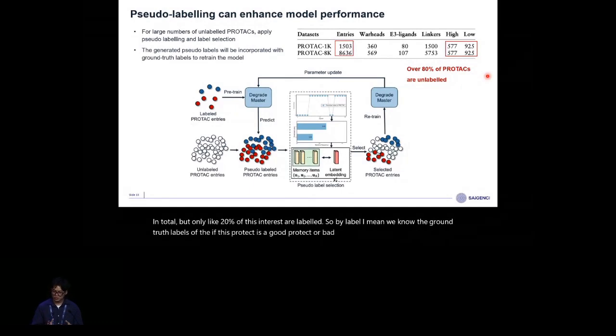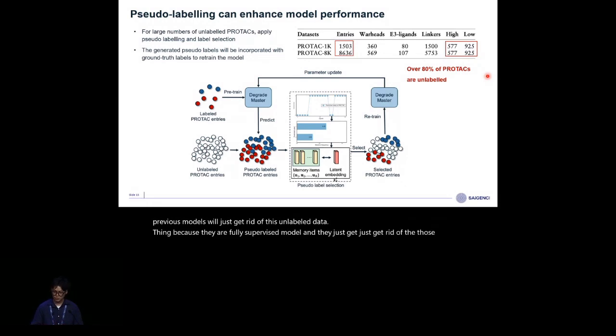But the remaining 80% of the PROTACs are unlabeled, so we do not know whether they are good or not. The previous models just get rid of this unlabeled data, I think, because they are fully supervised models. But what we think is that, even though these PROTACs do not have labels, they do have structure information that can help in the training process of the model.